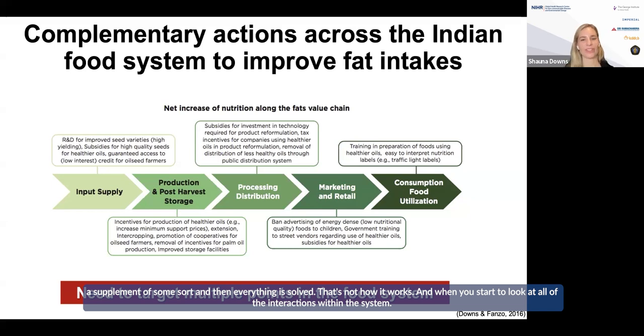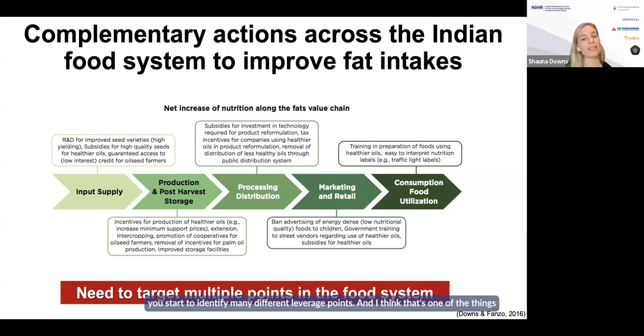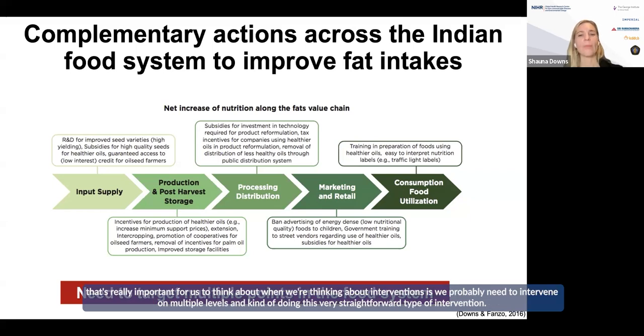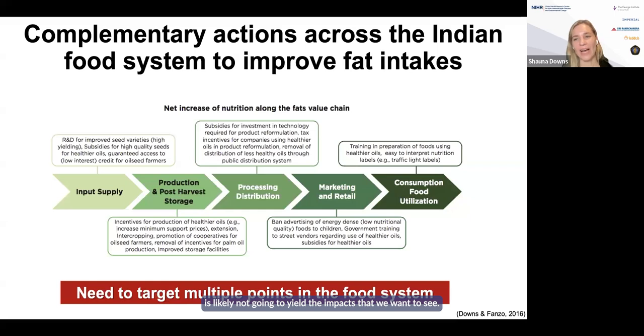When you start to look at all of the interactions within the system, you start to identify many different leverage points. And I think that's really important for us to think about when we're thinking about interventions: we probably need to intervene on multiple levels, and doing this very straightforward type of intervention is likely not going to yield the impacts that we want to see.